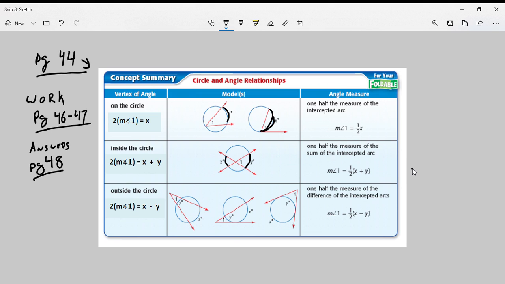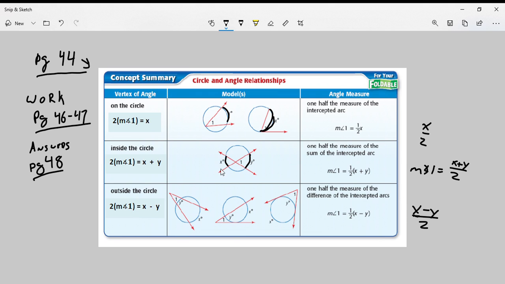So we could also say this for all of these. If you guys are more comfortable doing that, that's fine. This could be x over 2, and this one could be x minus y over 2. And I know a lot of people don't like fractions. That's totally fine. Just make sure you add or subtract the top first.